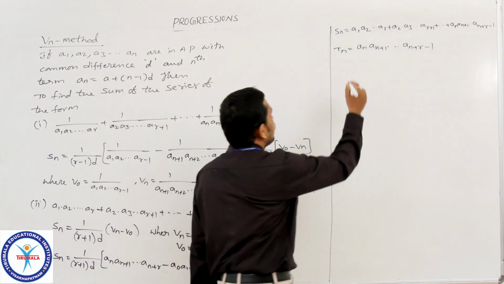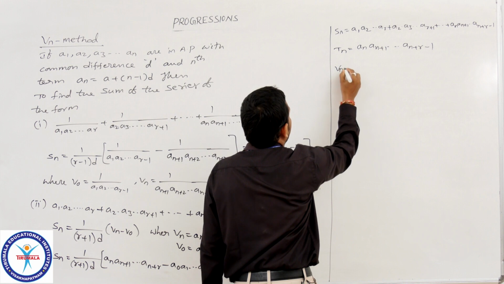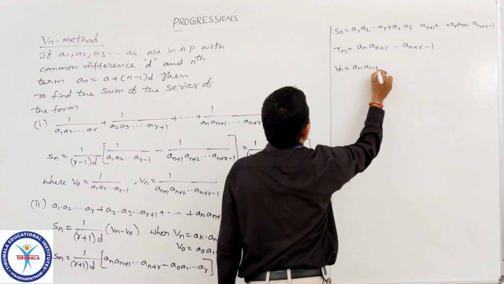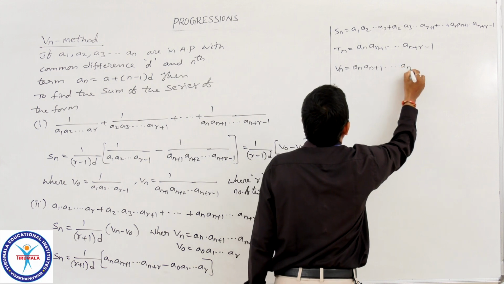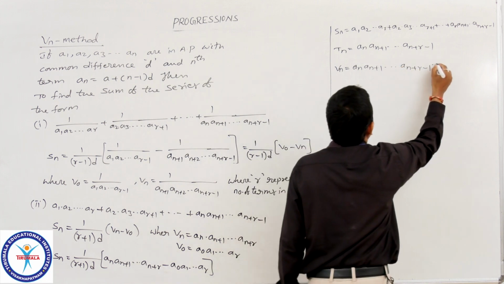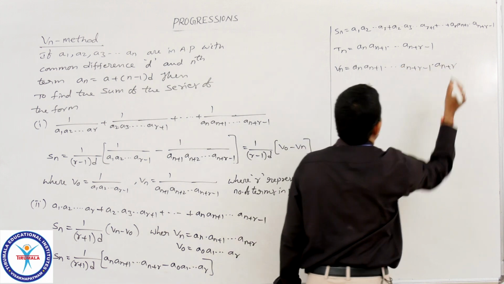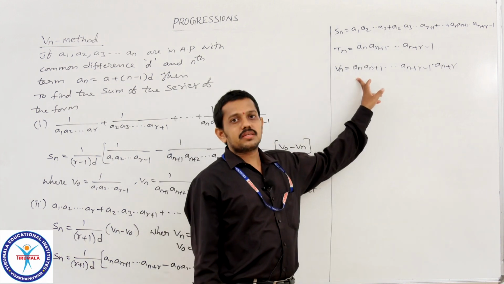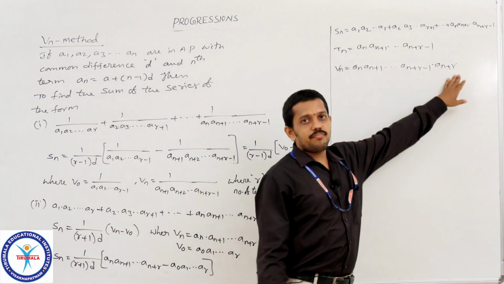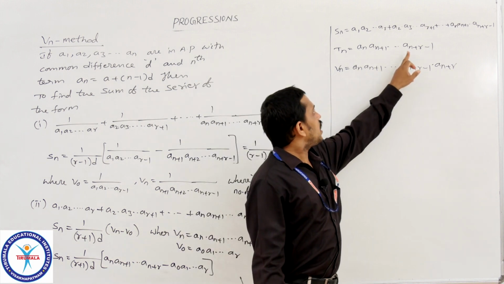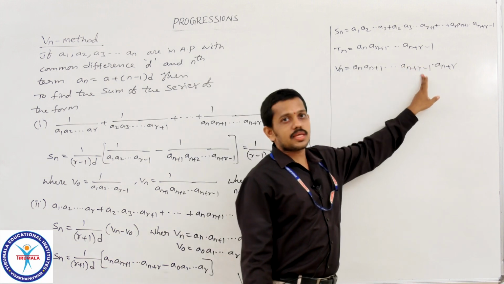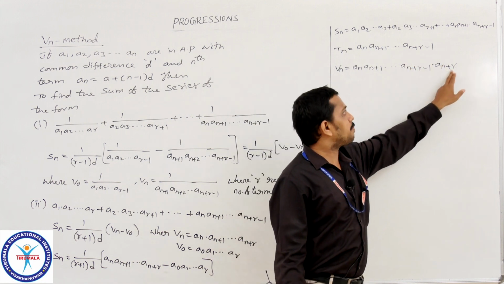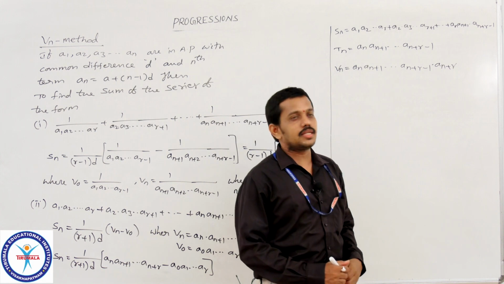Now we will take Vn as Vn is equal to an, an plus 1 and so on an plus r minus 1 into an plus r. Here for Vn we will take one more term extra. Up to n plus r minus 1 terms are there, and we will take the next term also, so the an plus rth term we will consider.